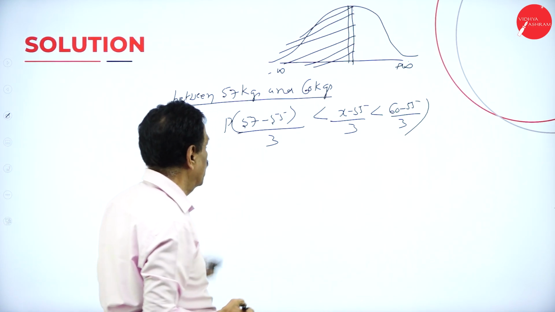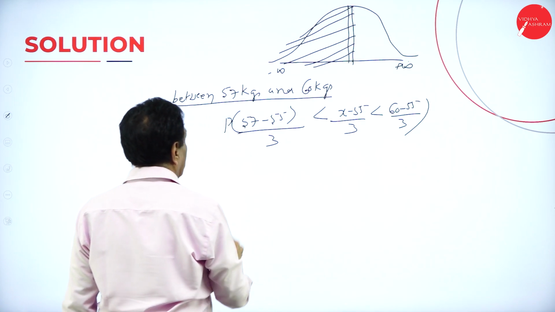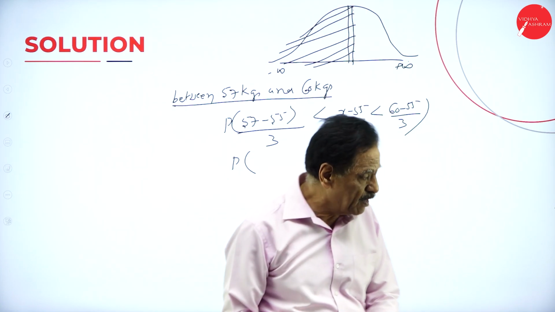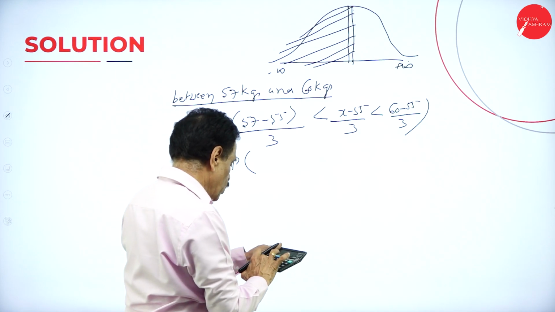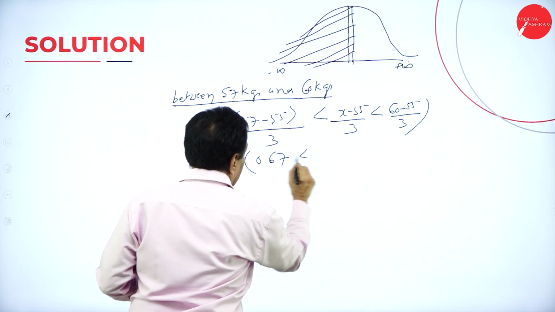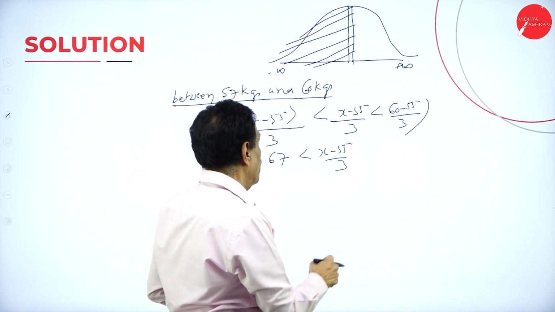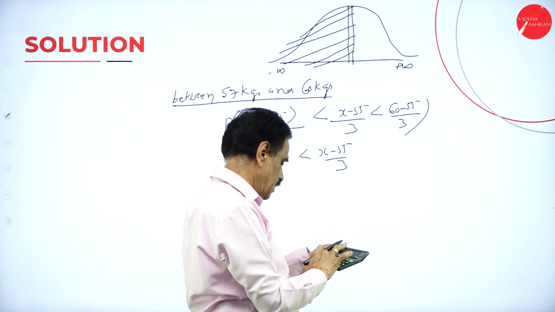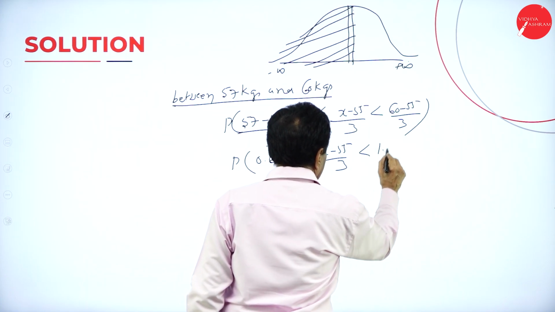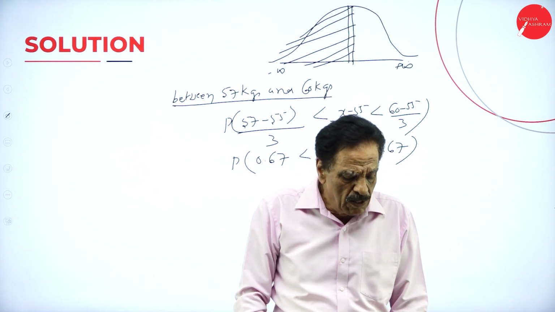This is the way you have to write. 57 minus 55 is 2. 2 divided by 3 is 0.67. 60 minus 55 is 5. 5 divided by 3 is 1.67.